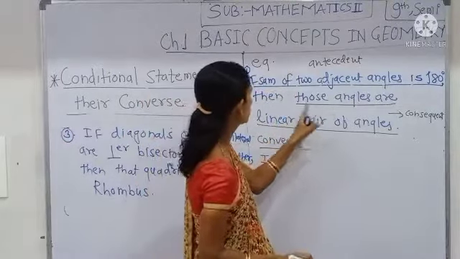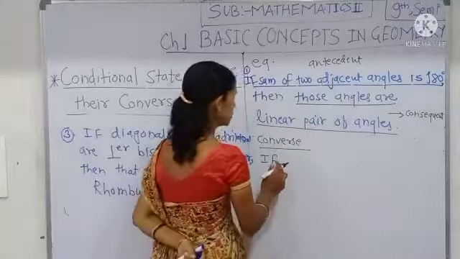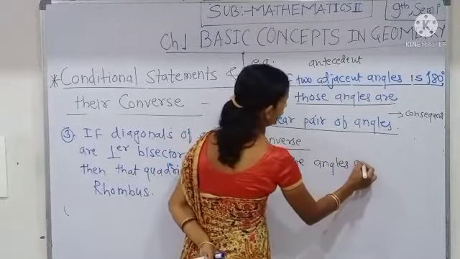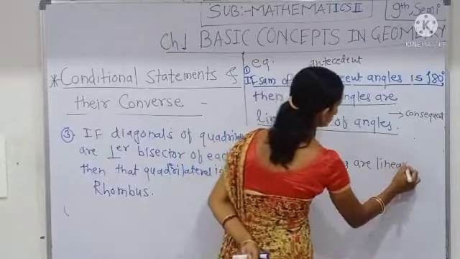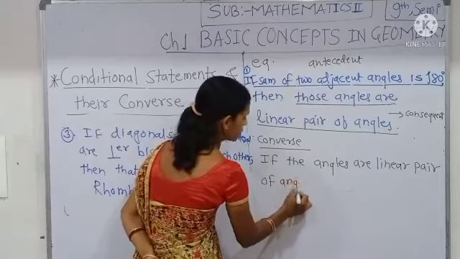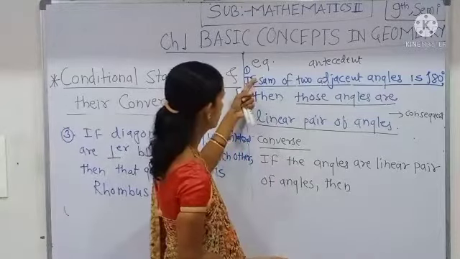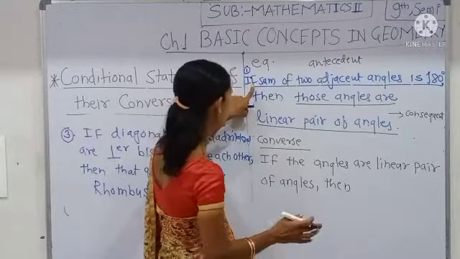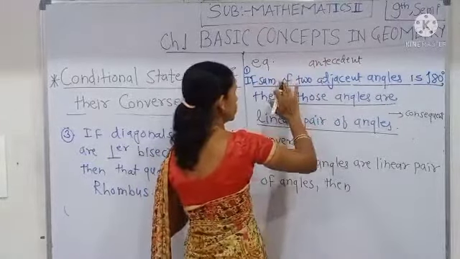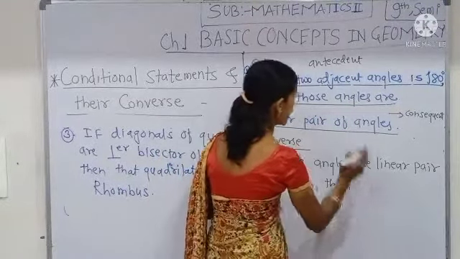The consequent is given here, those angles are a linear pair of angles. So, if the angles are a linear pair of angles, then the statement which is given after if in the conditional statement should be written in the converse after then.